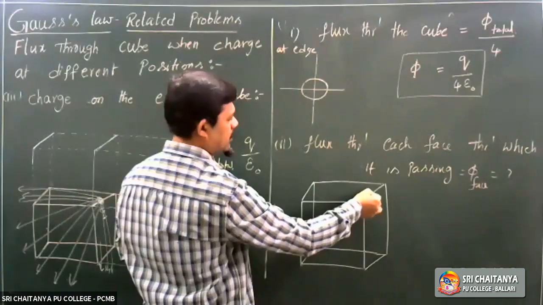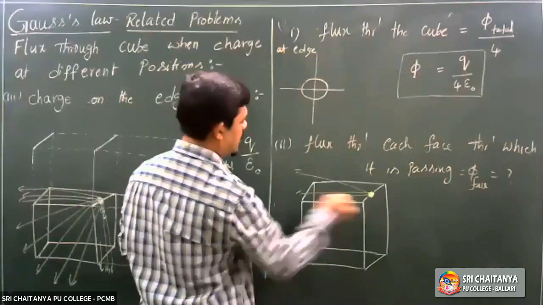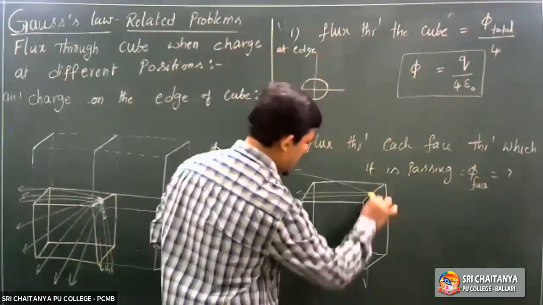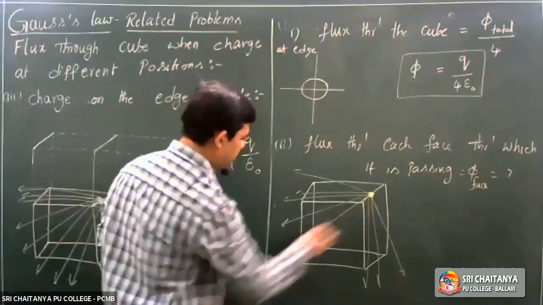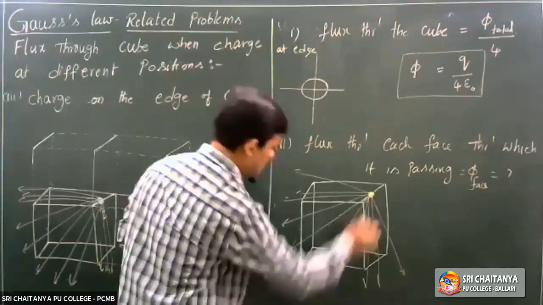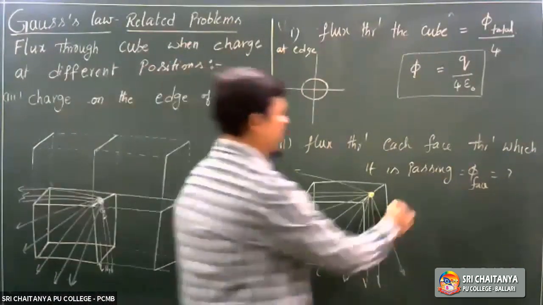The flux coming from the charge is parallel to this face and it passes through remaining faces. Right?